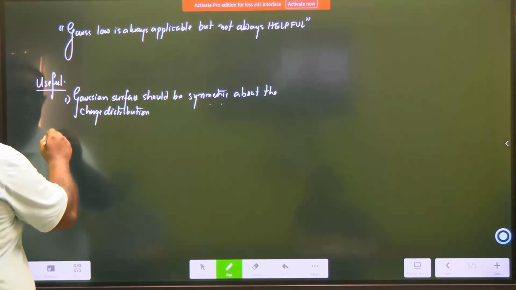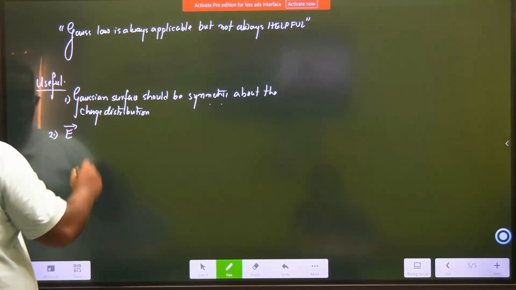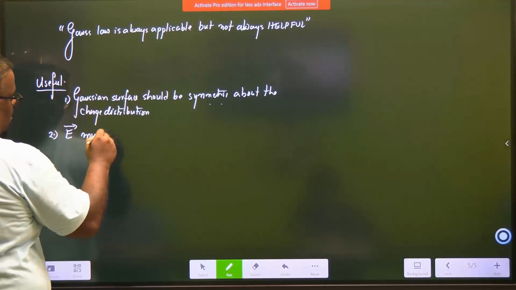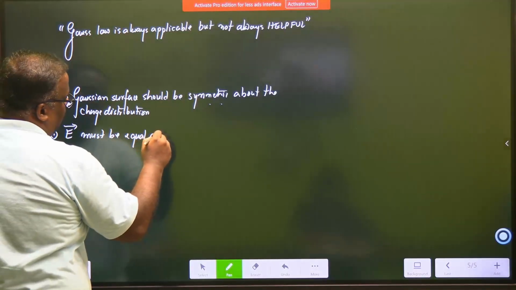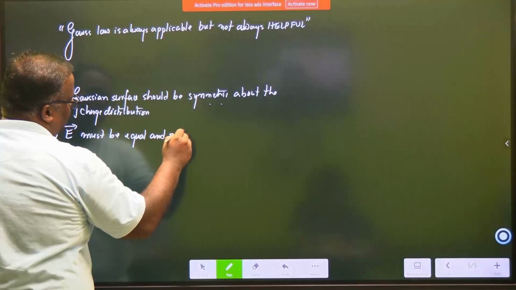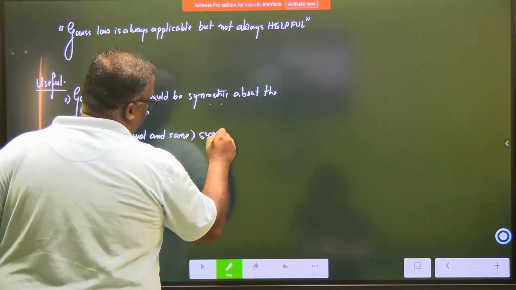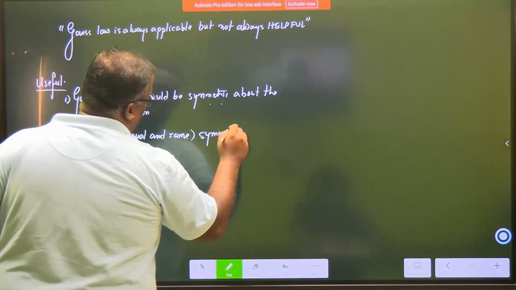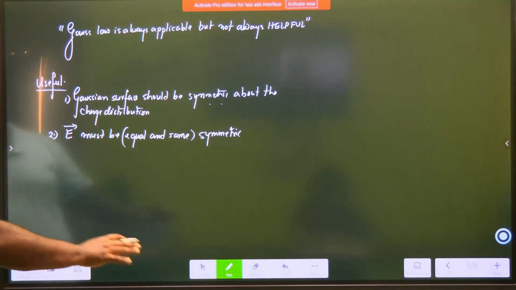Number two, we say the electric field E must be equal and the same. So we use the word symmetric. Now you can say, sir, you said that even if the electric field varies, it should be symmetric.